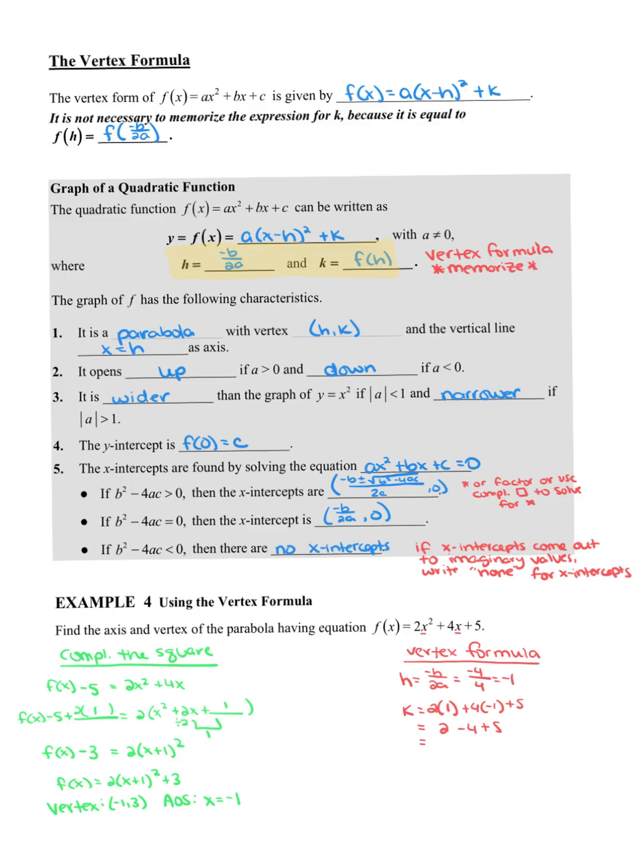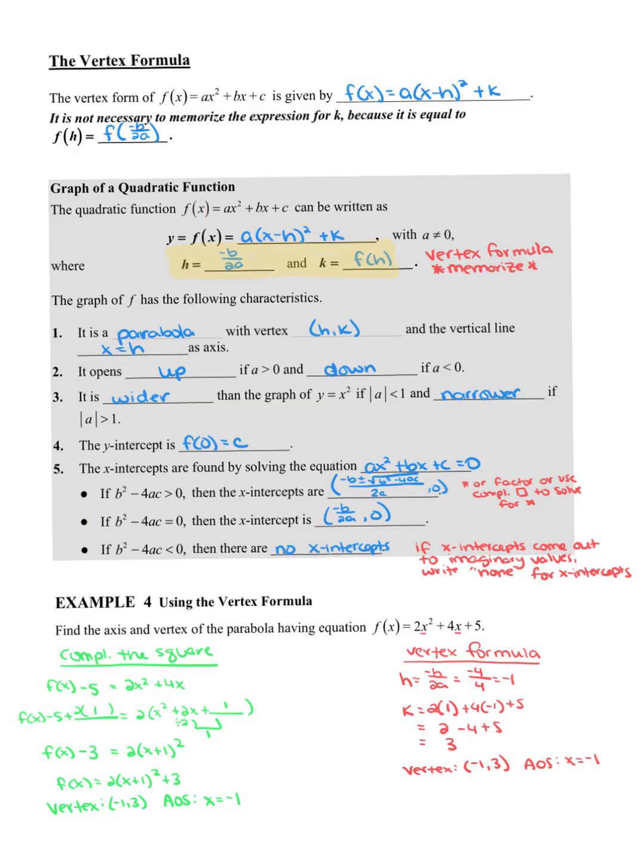Two minus 4 is negative 2 plus 5 is 3. So the vertex would be h, k, and the axis of symmetry would be x equals h. So negative 1, 3, and x equals negative 1. So we get the same thing either way, it's up to you which one you want to use.